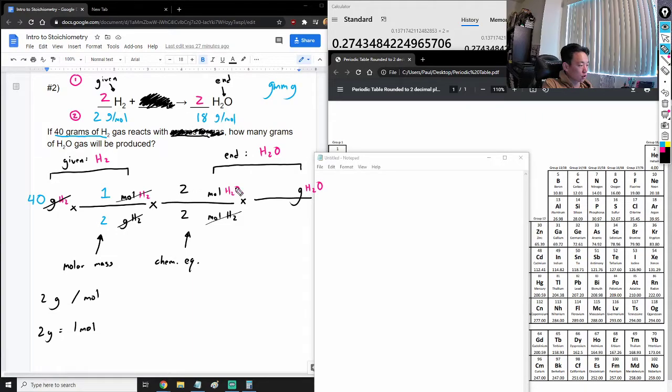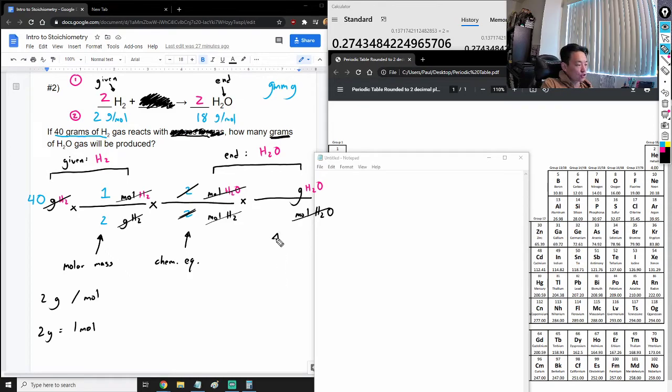So we're going to put 2 on the top, 2 on the bottom. Now, if you notice, there's a 2 on the top of this fraction and a 2 on the bottom, so we can actually cancel that out too. The 2's cancel out as well. We have moles of H2O on the top here, so we're going to put moles of H2O on the bottom, and that way these can cancel out, because we don't want moles of H2O, we're looking for grams of H2O.